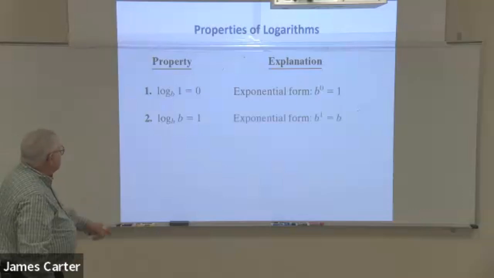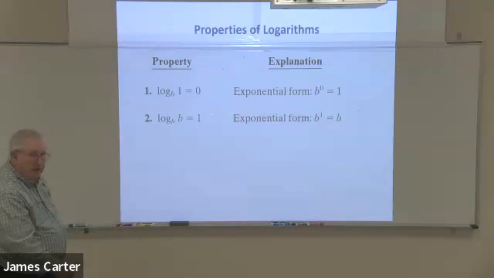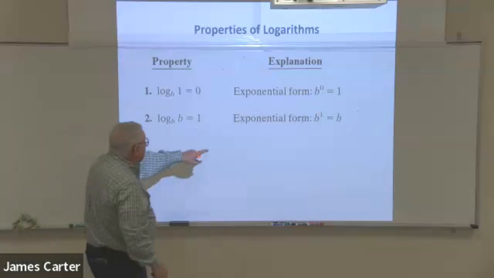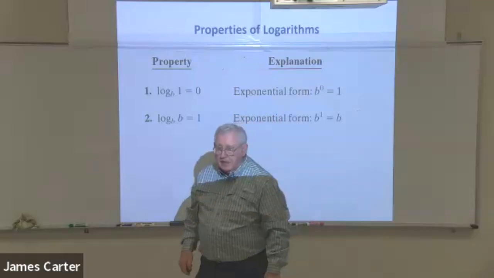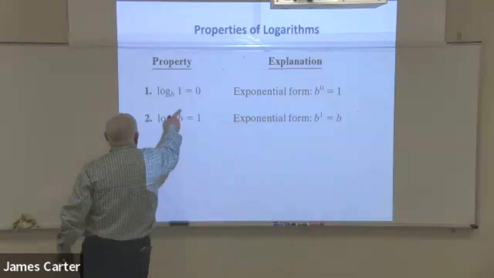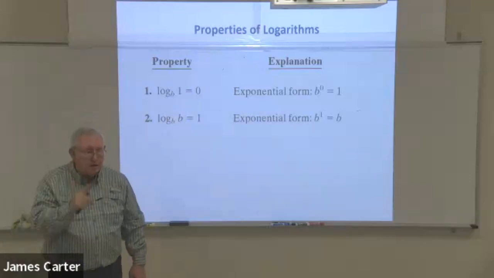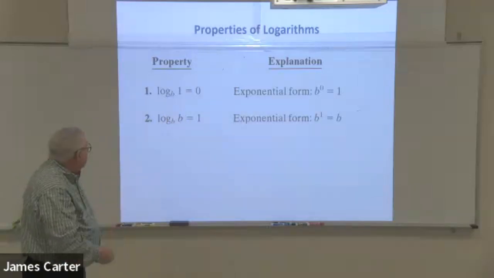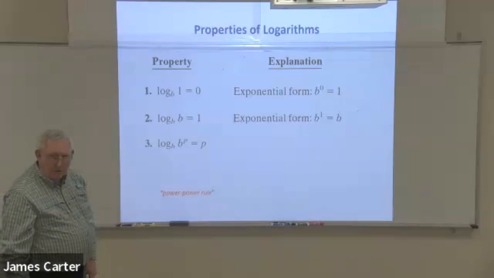Well, if we put this in exponential form, base stays the same. Here's the power, and there's the argument. Anything to the first power is itself, is what this one is saying. So here we're basically saying this is a power of itself, so it's 1. This is what I call the power rule.